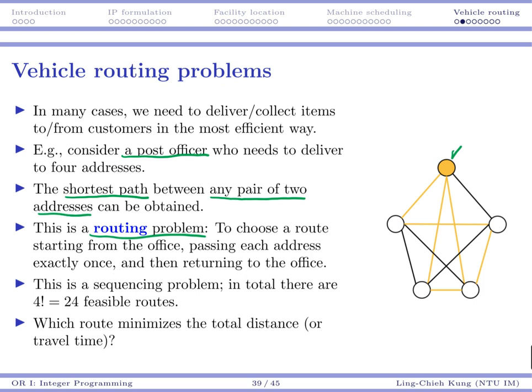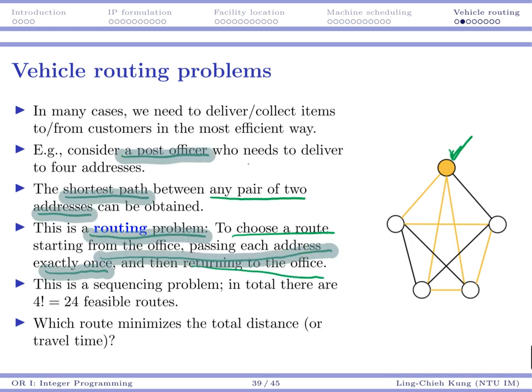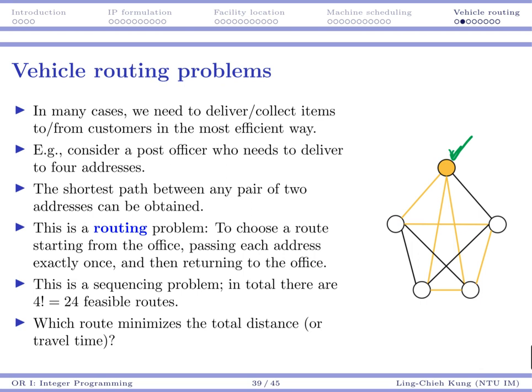Starting from the original point, we want to choose a route where the starting point is the office, and then it must go through each address exactly once and then return to the office. Okay, so this is a very natural task. I start from my office, I bring the items, bring the mails, and I travel through each customer point one by one.